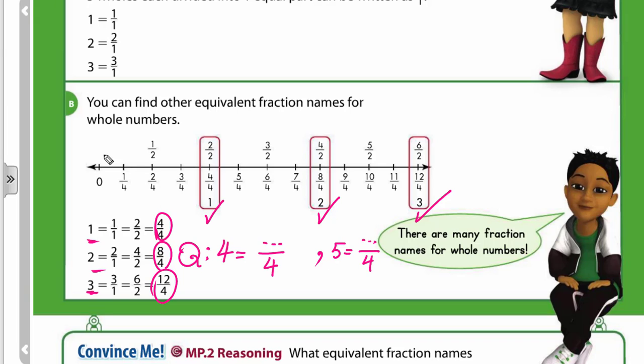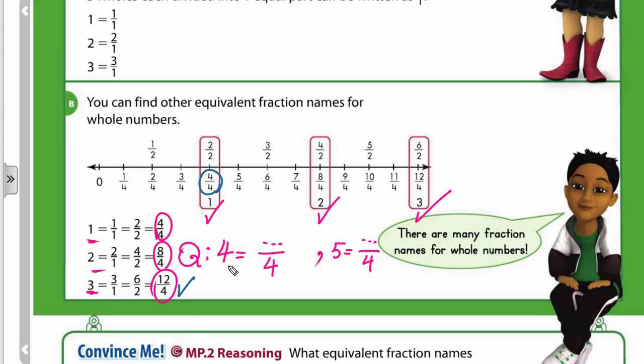Okay, my heroes, the whole 1 is 4/4. So if we try to find the whole 2, it's double that, because the 2 is 2 times 4/4. So 8/4. The 3 is 3 of the 4/4. So instead of using 3 whole, it's 3 of 4/4. 3 times 4 is 12.